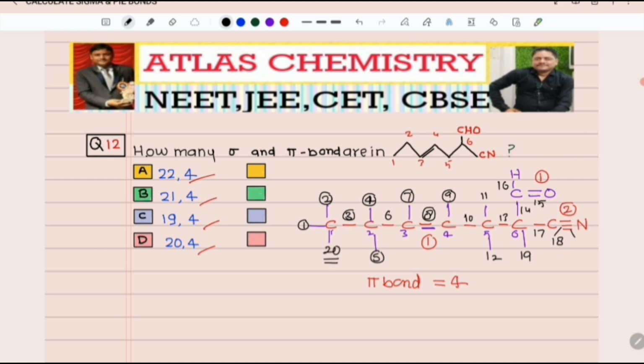So there are 20 sigma bonds. So sigma bond is equal to 20.